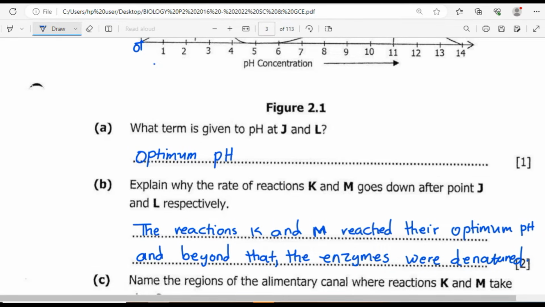Okay, so the enzymes were denatured. As a result, the two reactions went down.